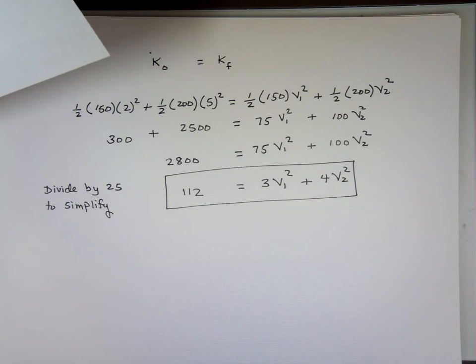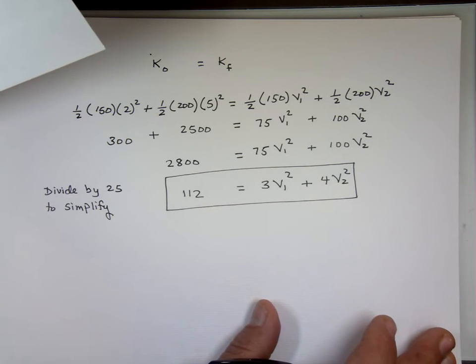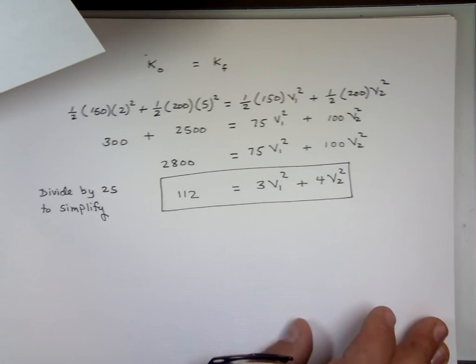How do we solve these two equations? So I'm going to put them on the next page and go through the math and solve them. So here's my two equations.